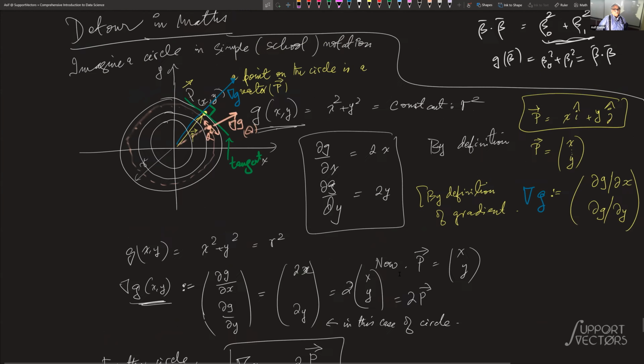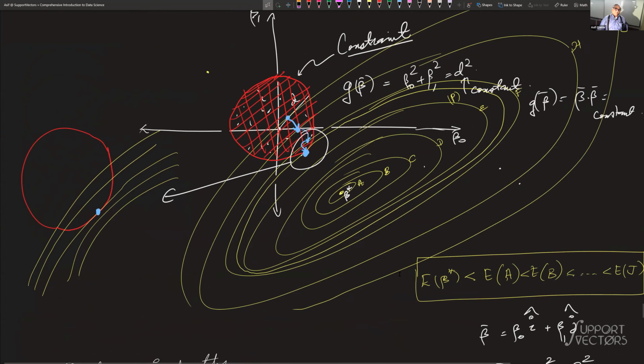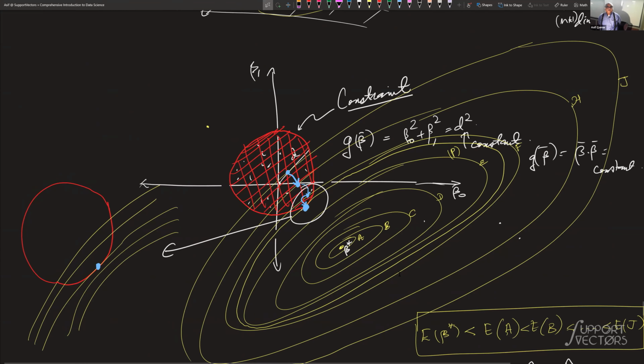Now, with this mathematics, come here. Look at the red circle and one of the contour lines, the contour line P. The yellow lines are error lines, right?